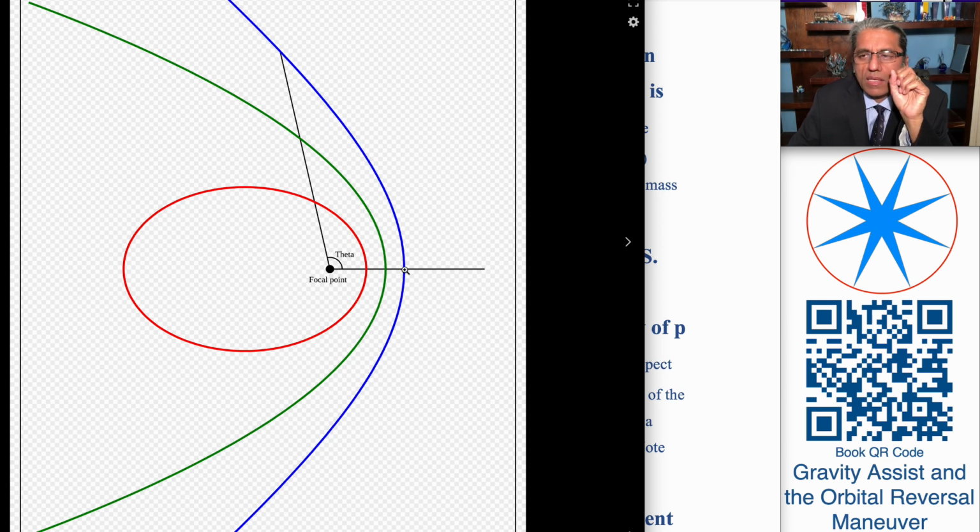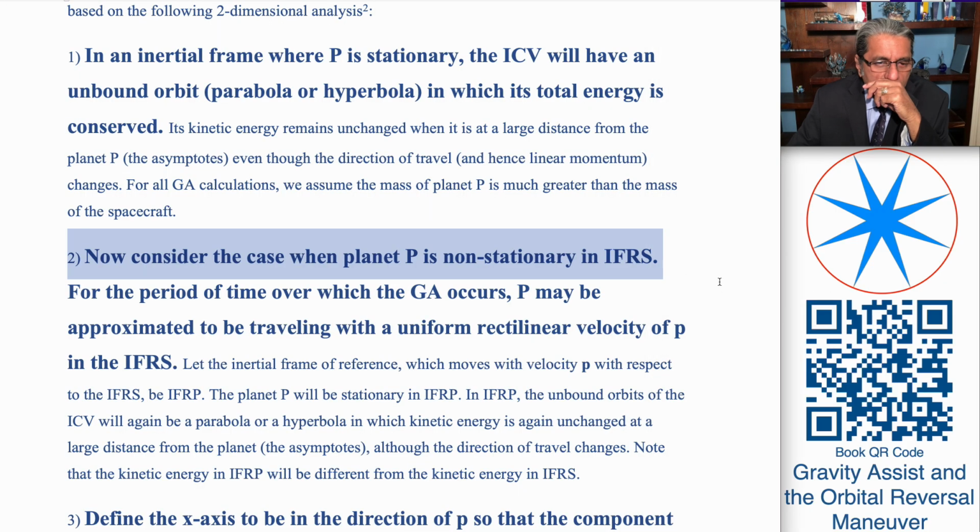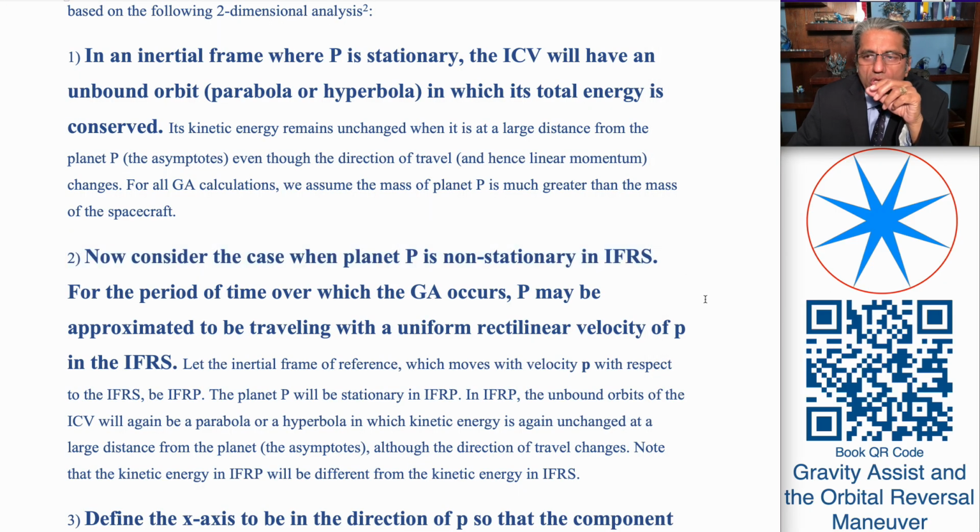So in the planet inertial frame of reference, you know that the spacecraft's motion is going to be that of a hyperbola. It could be a parabola, but it's more likely to be a hyperbola.